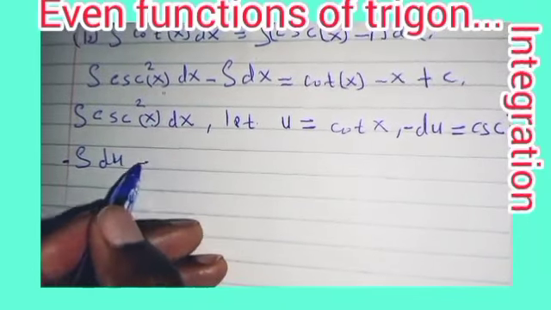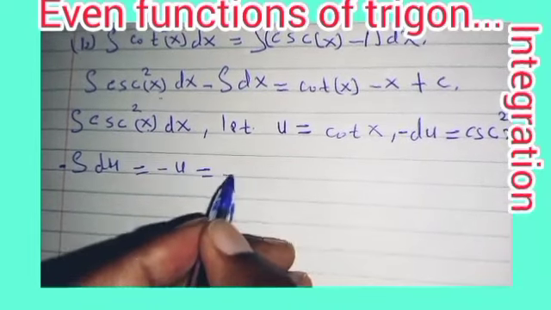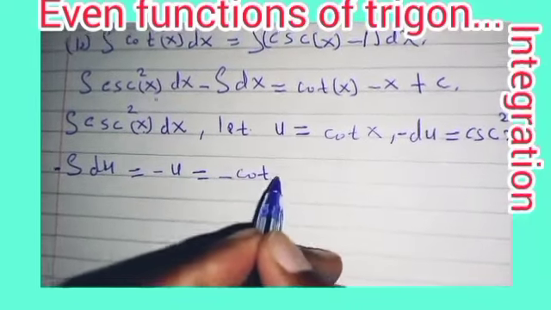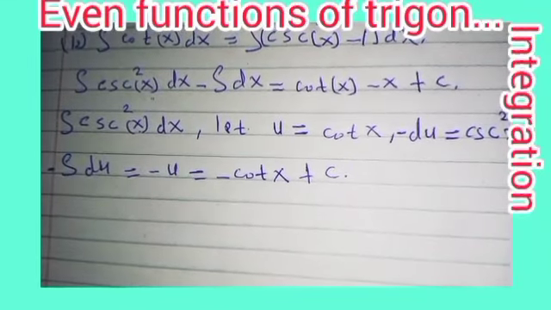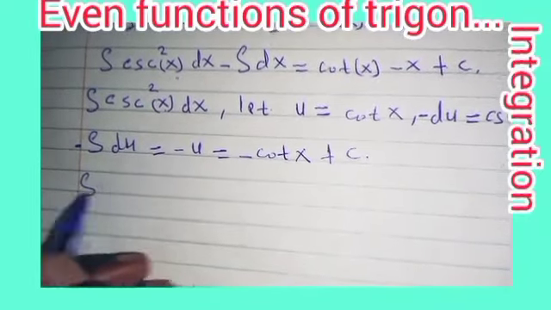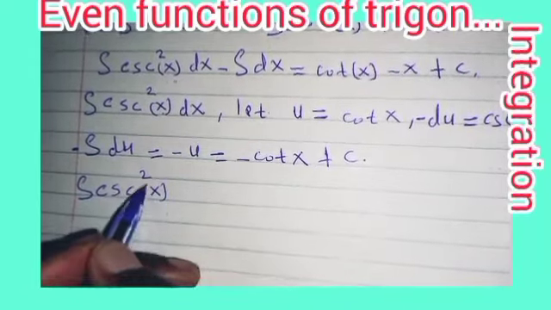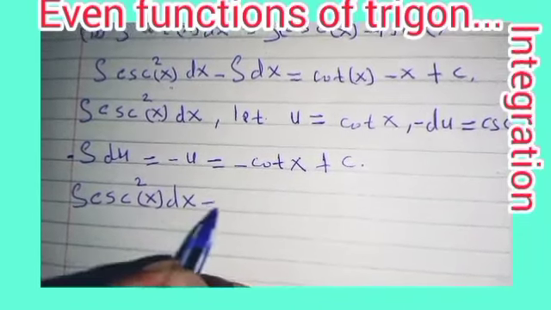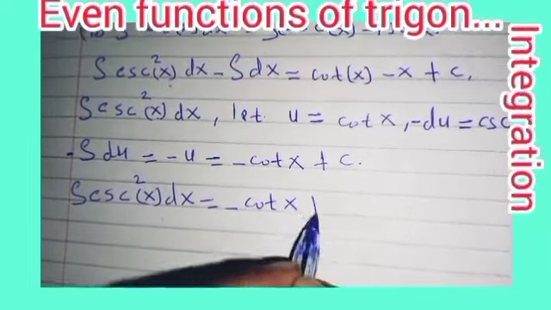Which is equal to negative u. But our u is equal to cot, so the result is negative cot of x plus constant c. So meaning that the integral of cosec squared of x dx is equal to negative cot of x plus c.